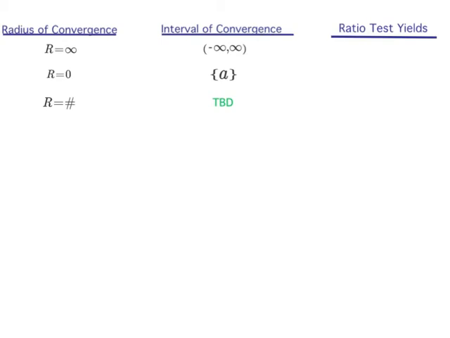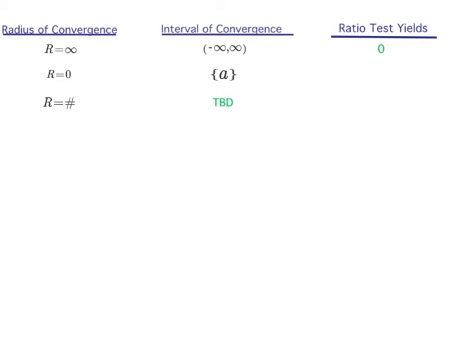That means when I do the ratio test, I need to get something that's always less than 1. So what kind of number did I see in my ratio test? That was like with sine x. I got a 0 for my ratio test. If I get a 0, then that limit of 0 is always less than 1, which means I'm going to converge for all values of x, and my interval of convergence will go from negative infinity to infinity.